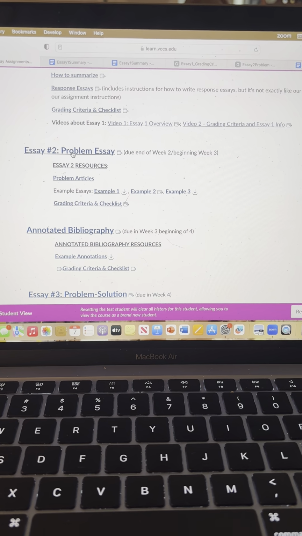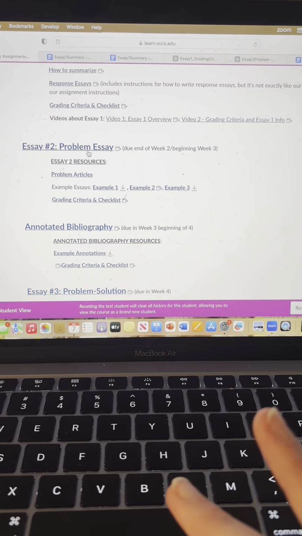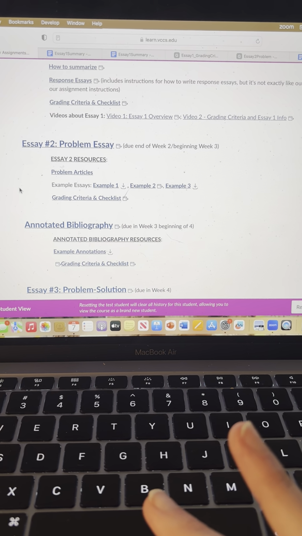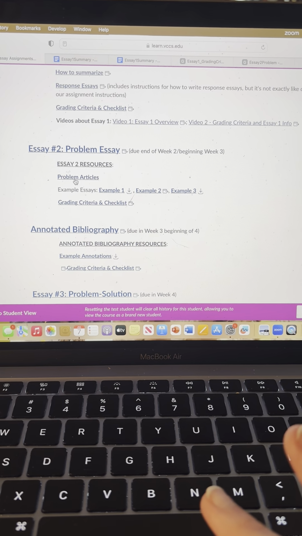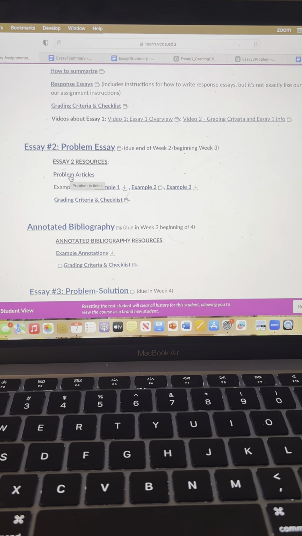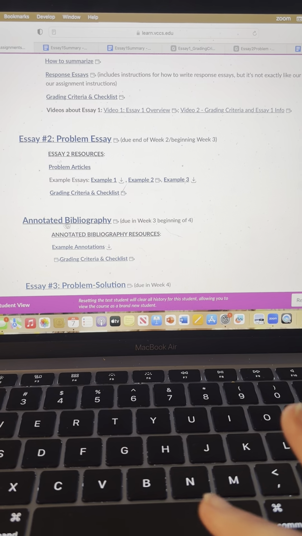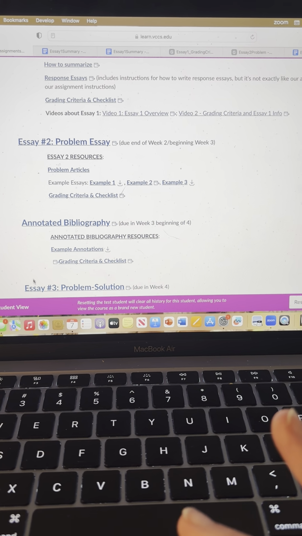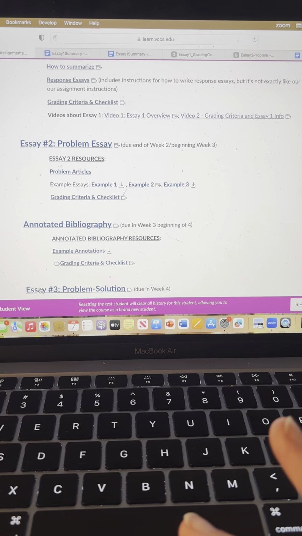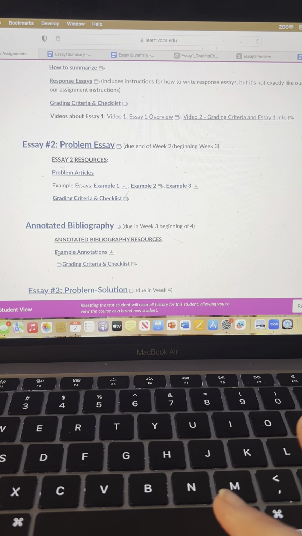Now, just as an overview, the topic you pick for essay number 2, the problem you're going to be discussing, is going to be the same problem you're going to be researching, and using what you've researched with essay number 2 and then what you're going to research with essay number 3 for the annotated bibliography.